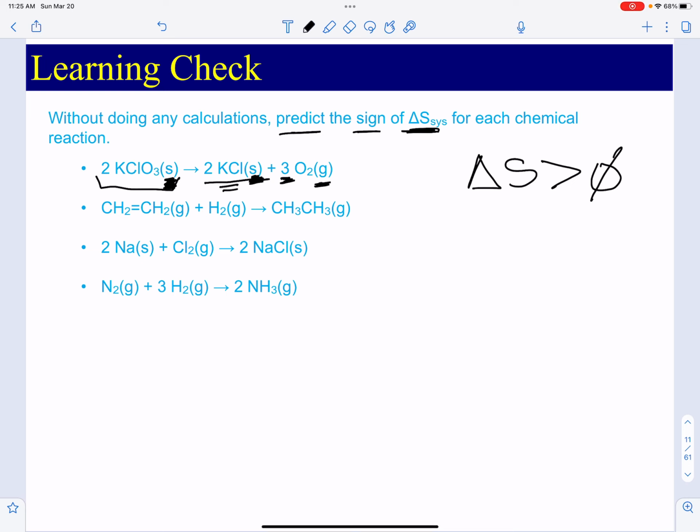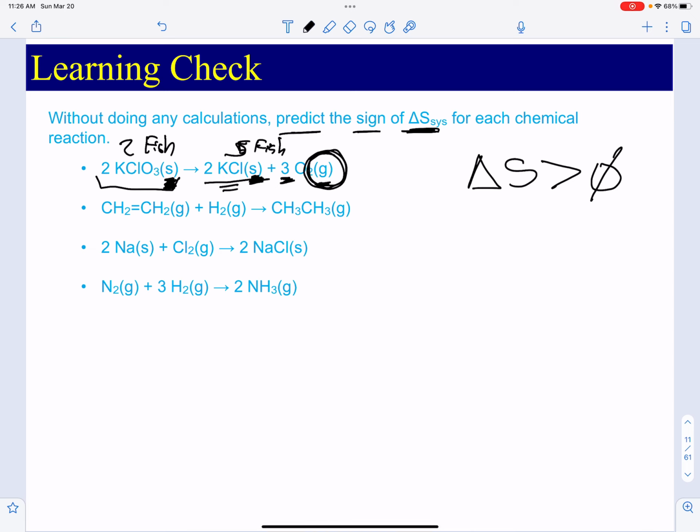So it went from 2 fish to 5 fish. Remember the analogy we saw at the beginning? Which one do you think is going to have more randomness? The one with only 2 particles or the one with 5 different particles? In addition to that, three of them are a gas.